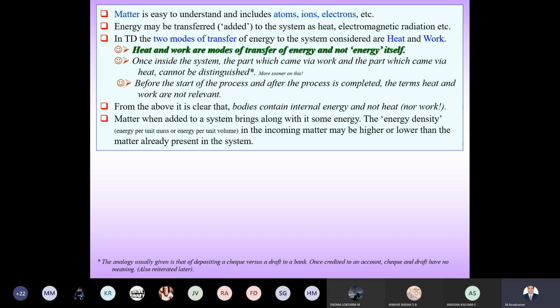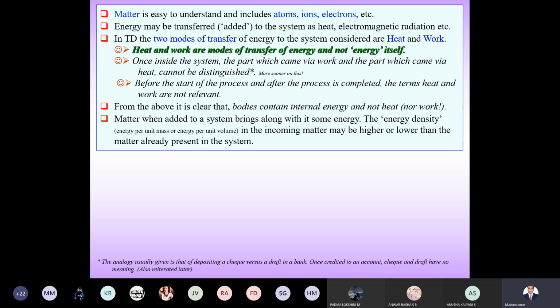Before the start of the process, the heat and work quantity will vary, and after the completion of the process it will have changed. Before process and after process, the heat and work cannot be the same.